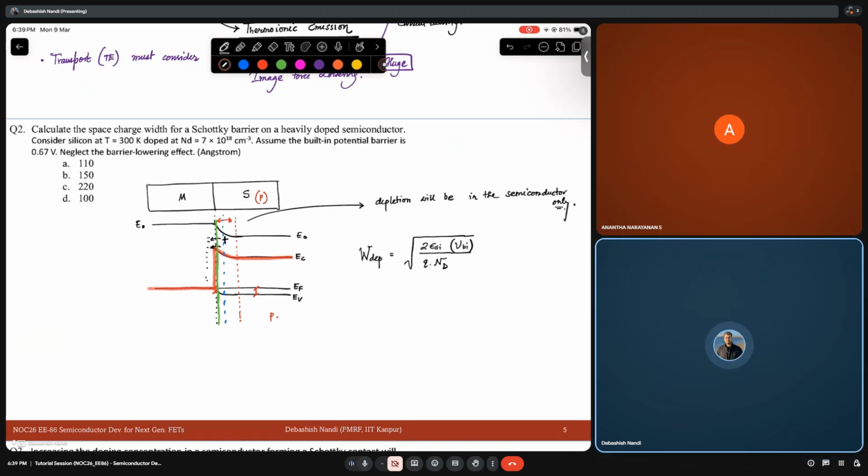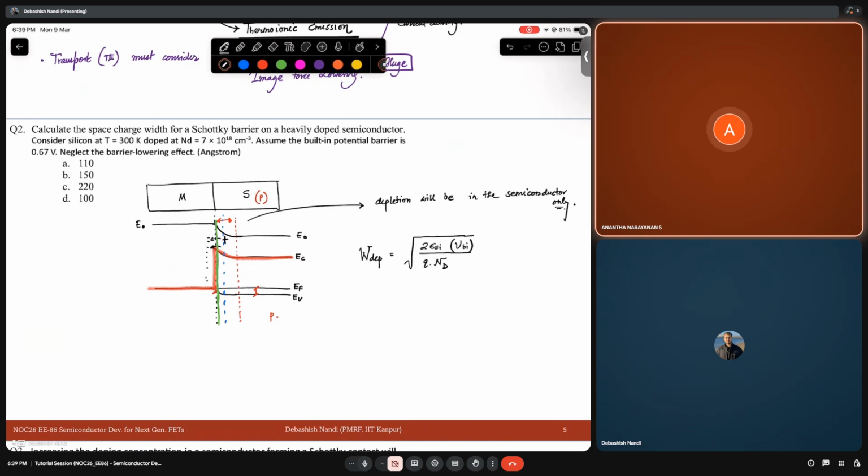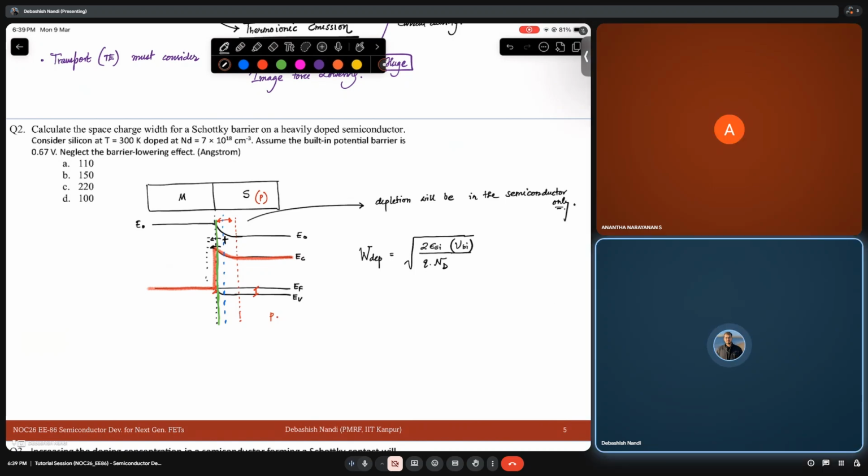But by the way, why can there not be any depletion inside metal? So charges cannot exist inside metal, right, sir? Because metal is an equipotential surface, right? Yes, sir. So using this formula, you can easily compute. Epsilon Si will be 11.7 into 8.854 into 10 raised to minus 14.